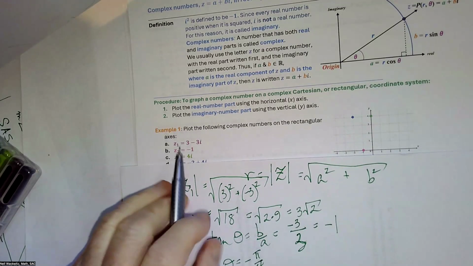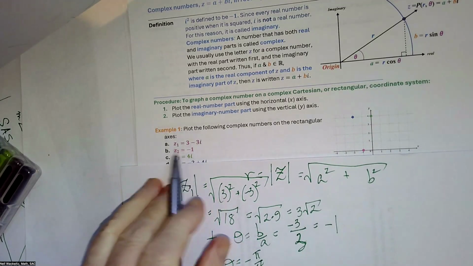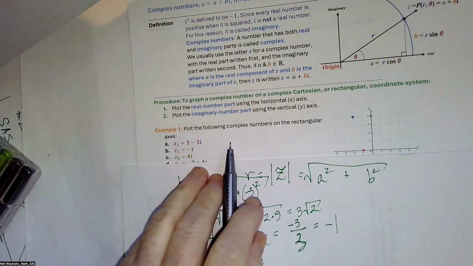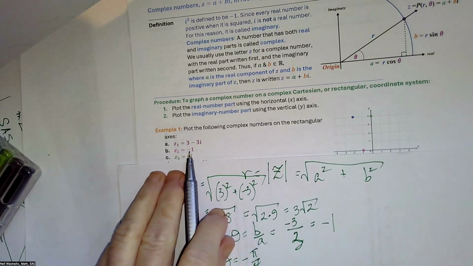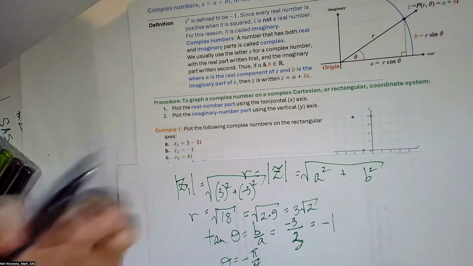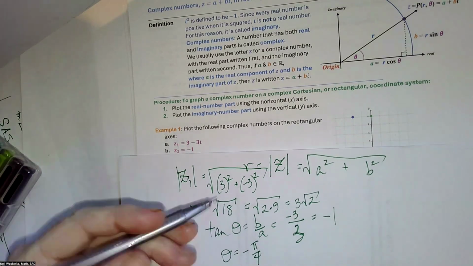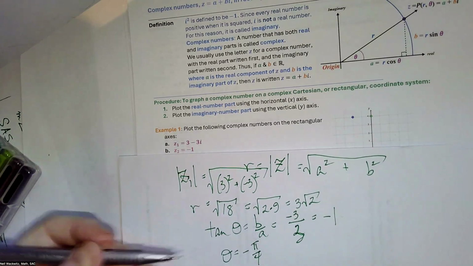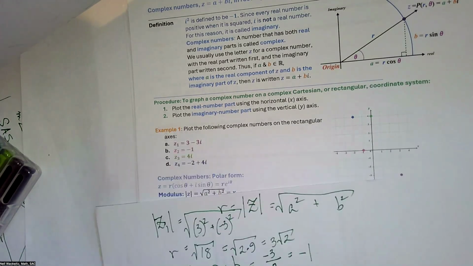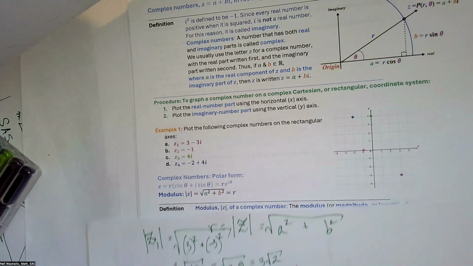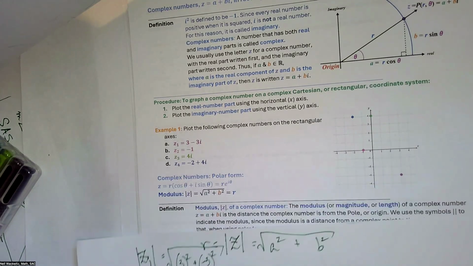And let's see if that's the right place. z1 is in quadrant 4, so this is great. If we had noticed that z1 was in quadrant 2, we would have done 180 or pi minus pi/4. Okay.